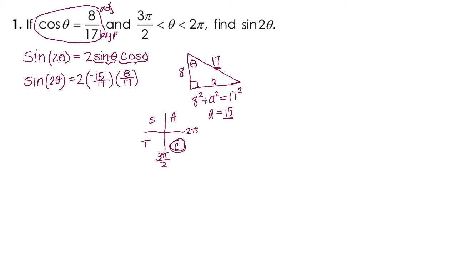So we need to make sine negative there. And so now we just find this product. And once we multiply that out, we're going to have negative 240 over 289. And yes, please use a calculator here.